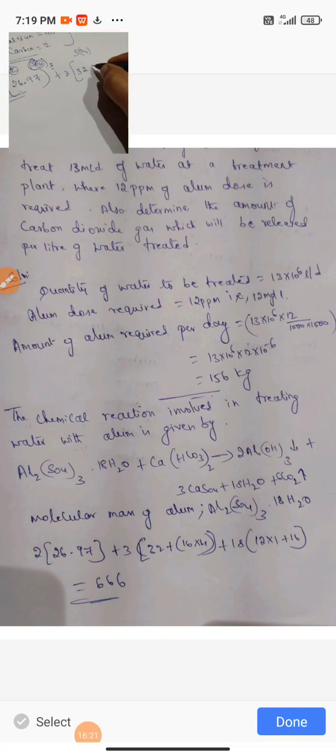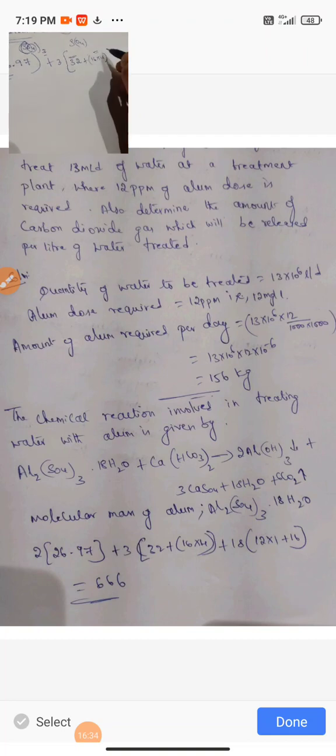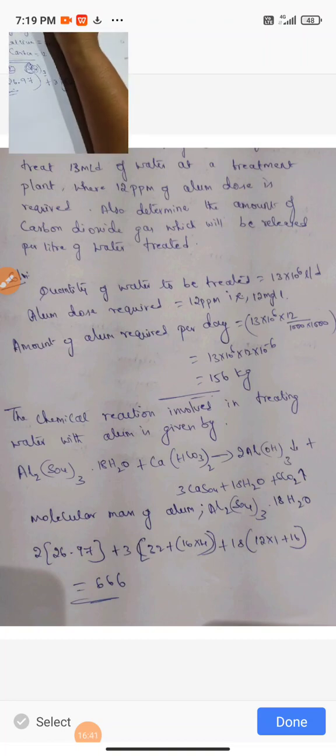That means 32 plus 16 is the molecular weight of the oxygen multiplied with the 4. 32 is the S molecular weight, 16 into 4 is the O4, and that should be multiplied with 3, plus again 18H2O is there. So what is the molecular formula?